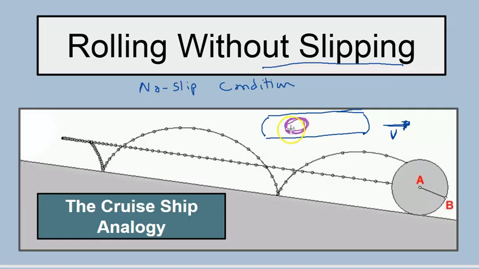You are rotating and therefore have a tangential speed at every single point, and you're translating. Okay, and so your total velocity to a dolphin in the ocean is complicated because it's the sum of two different things. And so that's what this diagram is showing you.